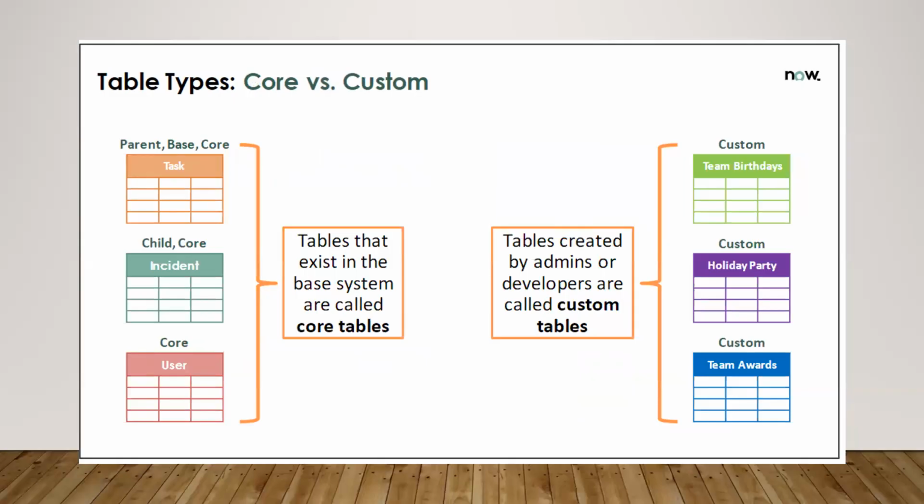Now, this is important: custom and core. It's a very simple concept. Core tables exist whenever you install ServiceNow or get a ServiceNow instance. The tables which come with the system are called core tables.